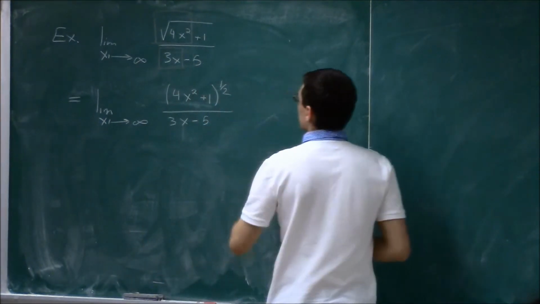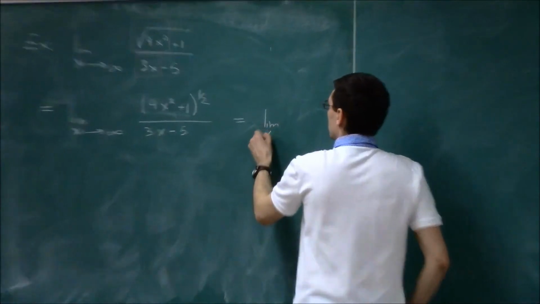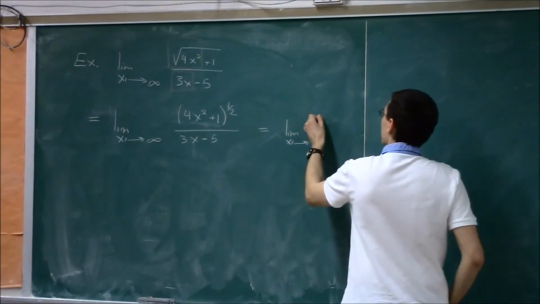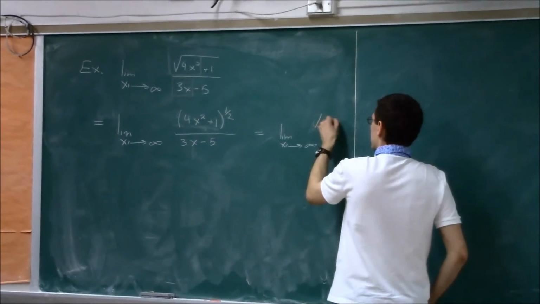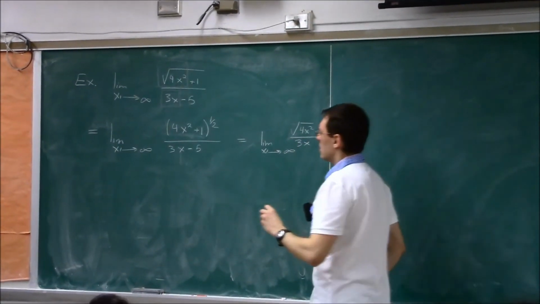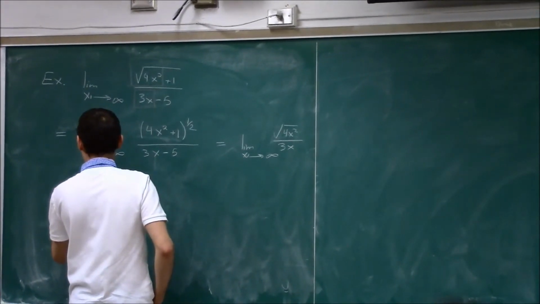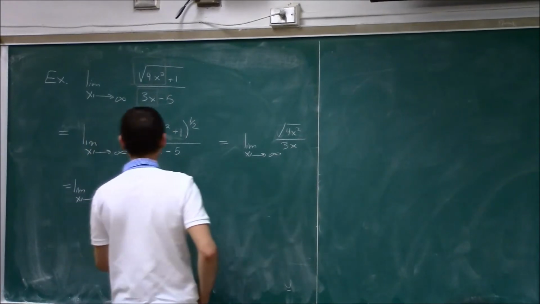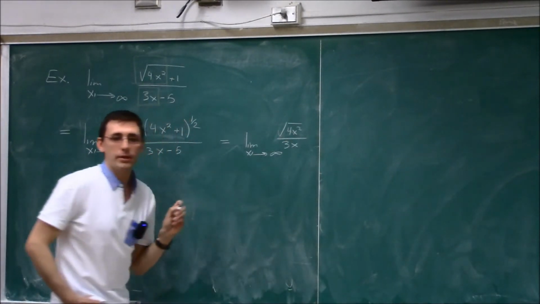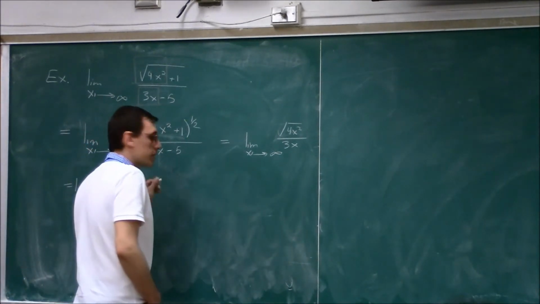So we are going to say that this is like the limit as x goes to infinity of root of 4x squared divided by 3x. And this is then the limit as x goes to infinity of root of 4x squared, what is it going to be? All right, oh good, okay, 2x or negative x.